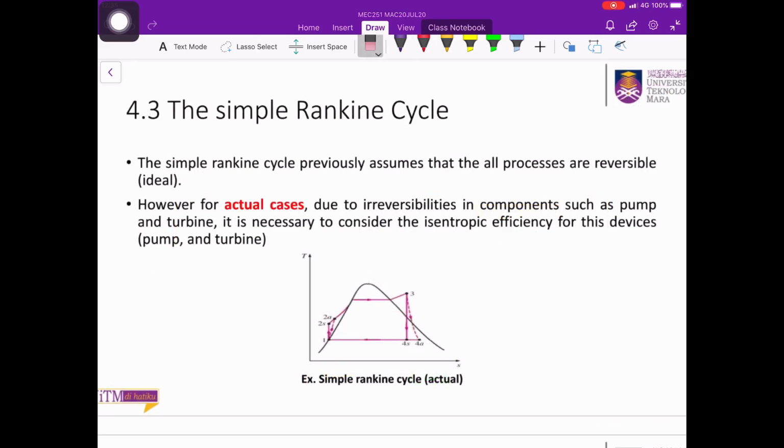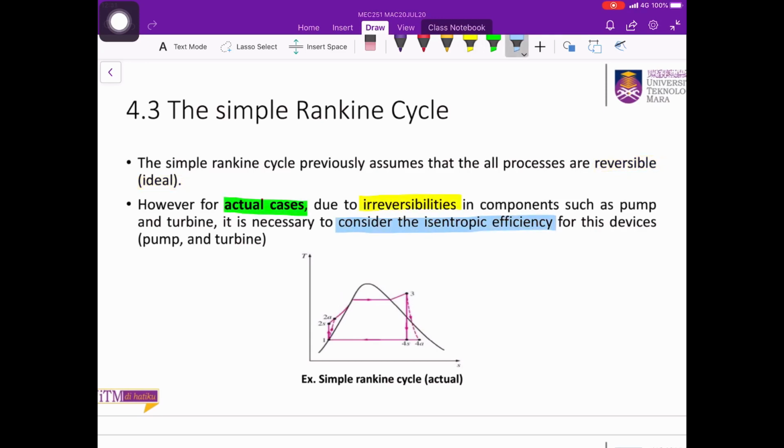Note that the simple Rankine cycle discussed previously assumes that all the processes are reversible or ideal processes. The reversible processes for the cycle occur across the pump and turbine, where across these two devices we assume isentropic processes.